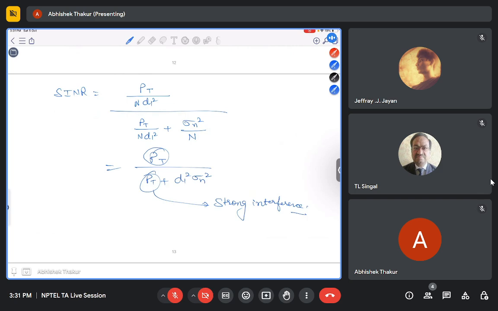So this is the near far problem in CDMA system.